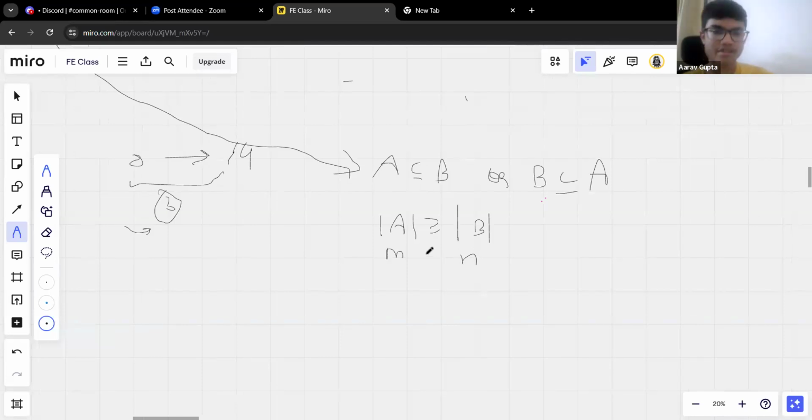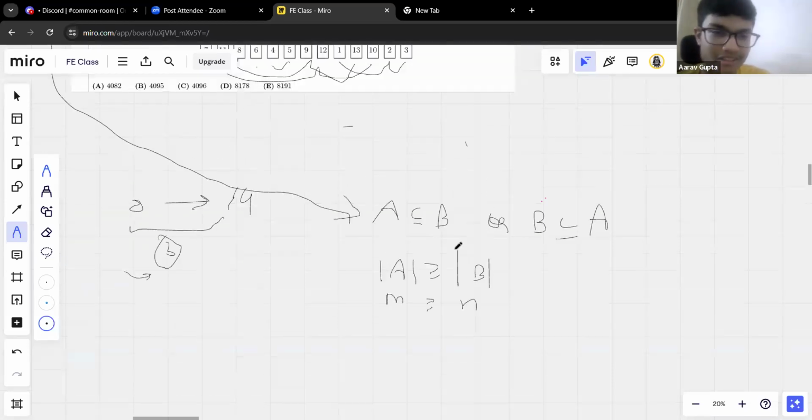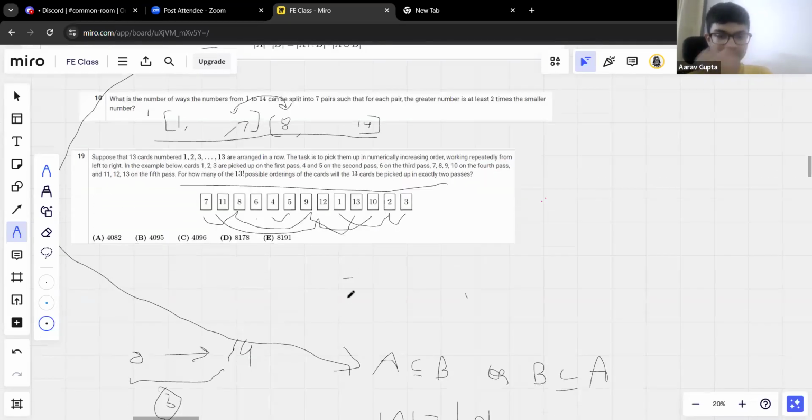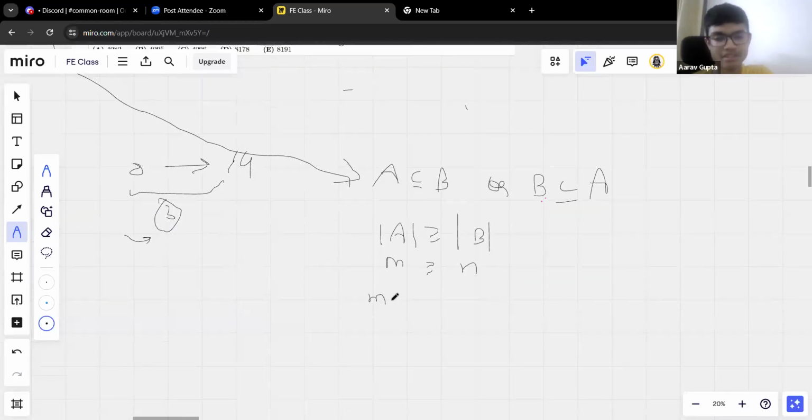So if M is greater than or equal to N, let us say that A intersection B has M plus X elements, where X is greater than or equal to 0, and then A union B has M plus N minus X elements.